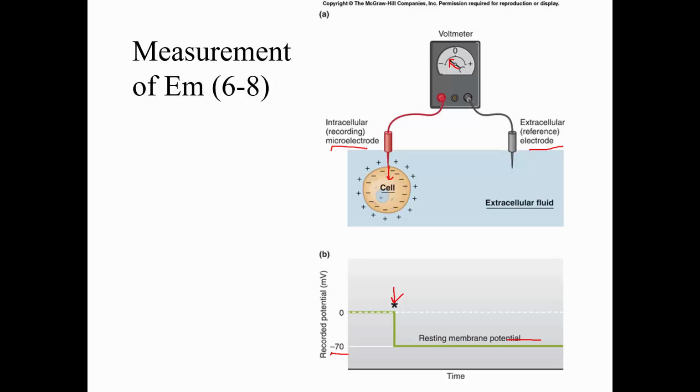Remember, this is because potassium leaks out of the cell, leaving behind a negative charge at the membrane. Sodium cannot leak in enough to counter it, and the anions inside the cell are on big proteins that are not able to leak out.